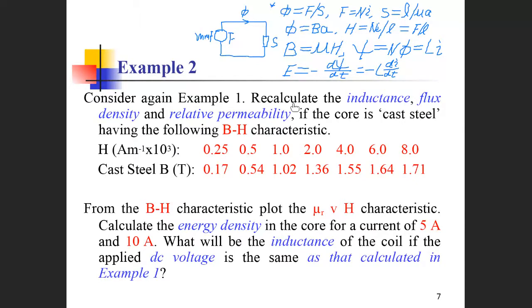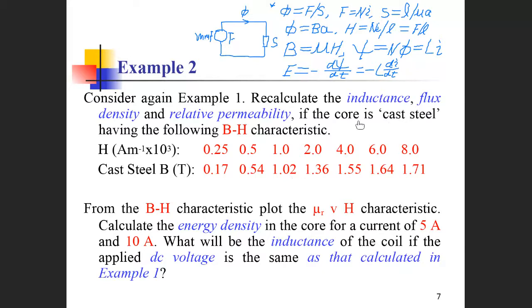We calculate the inductance, flux density, and relative permeability. If the core is cast steel having the following BH characteristics.